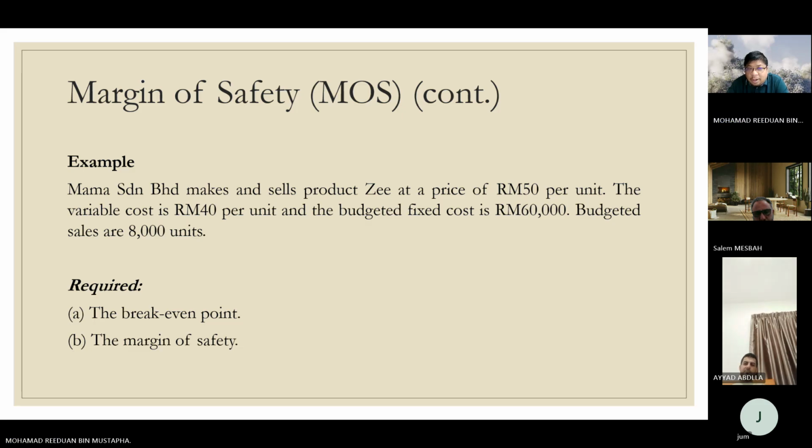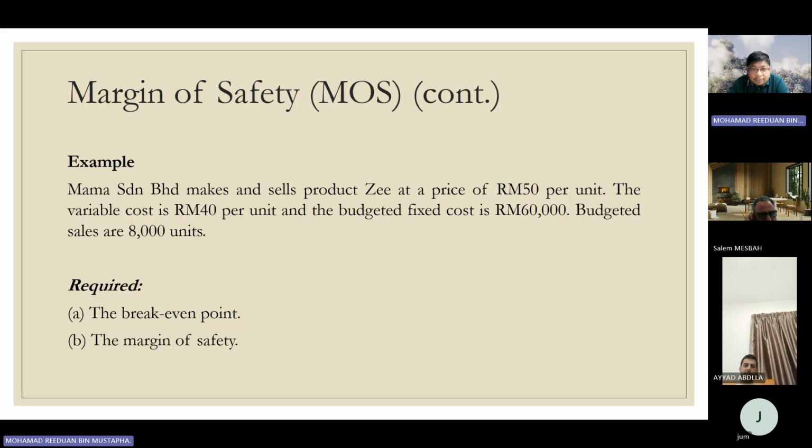And then another step you need to know is how to get the margin in terms of percentage. So for the percentage, you divide 2,000 by 8,000, and you get 0.25 or 25%. Okay, yeah?